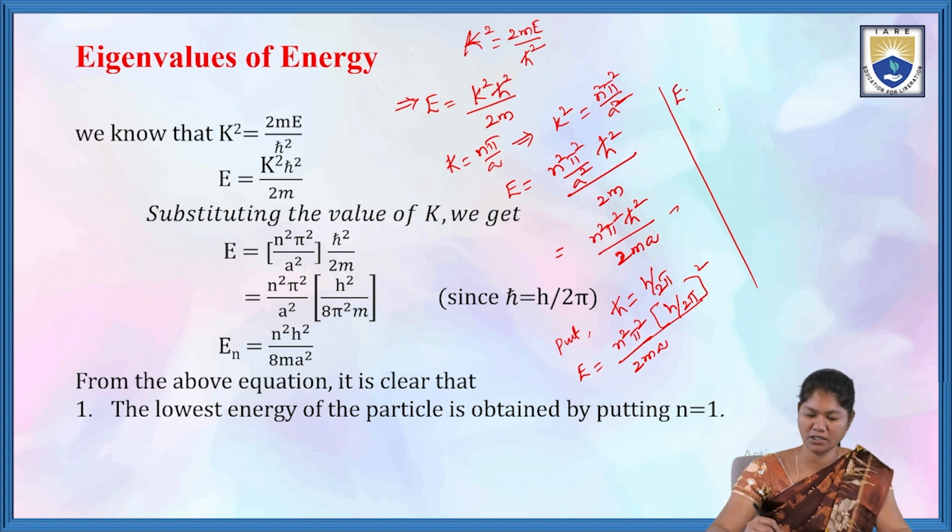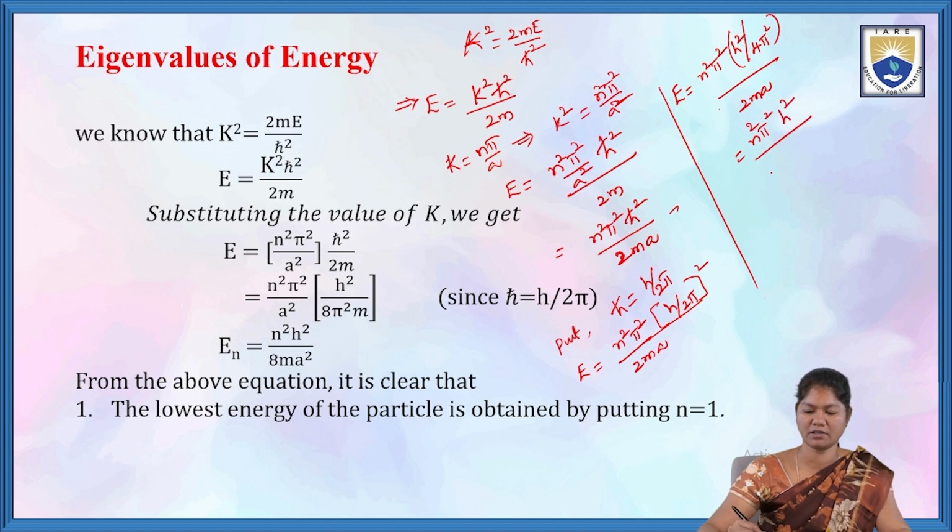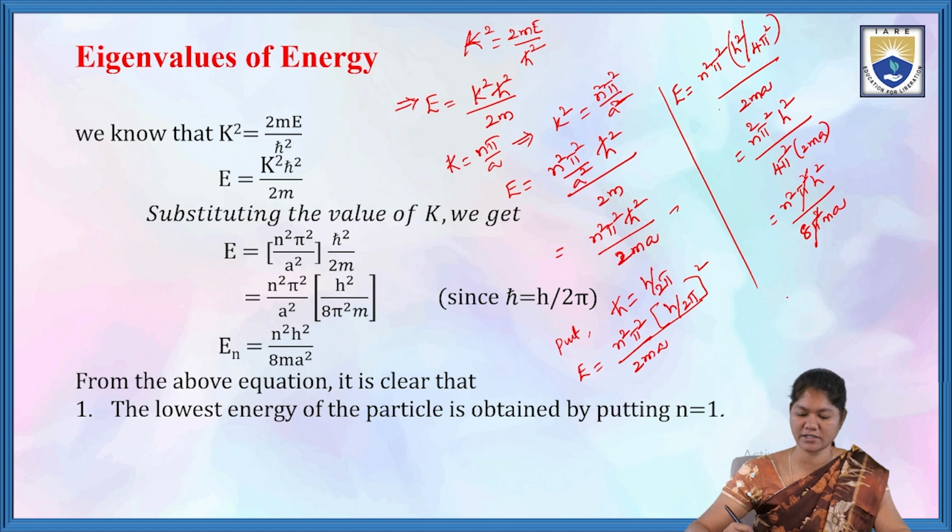So E = n²π²h²/4π² divided by 2ma, that is n²π²h²/(4π² × 2ma), so n²π²h²/8π²ma. The π² gets cancelled, so E = n²h²/8ma.